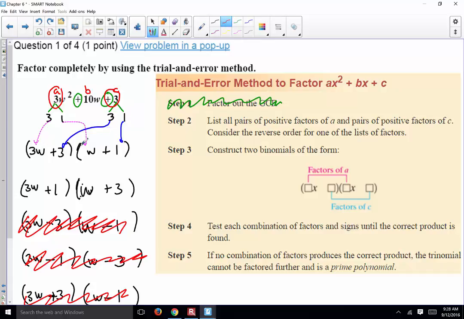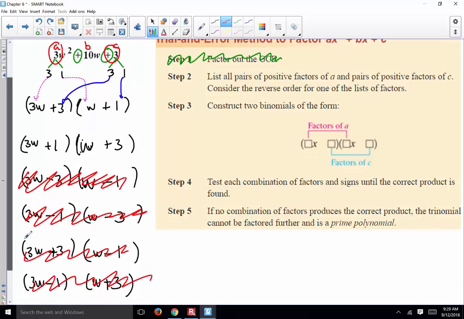You fix an order, 3 first, 1 next, and keep that same order all the time. But we are going to flip the order of the second number: 3, 1, 1, 3, with all options of signs.